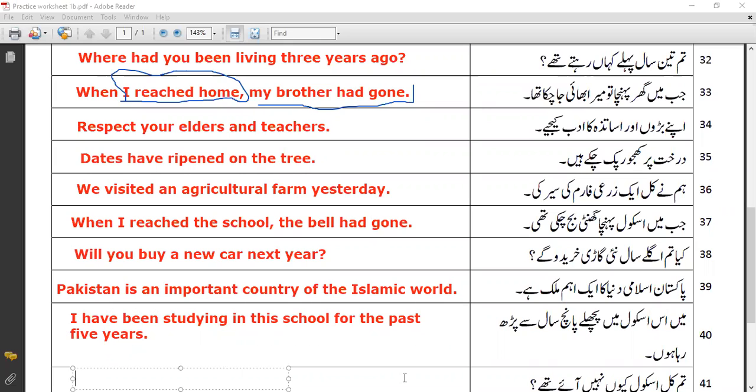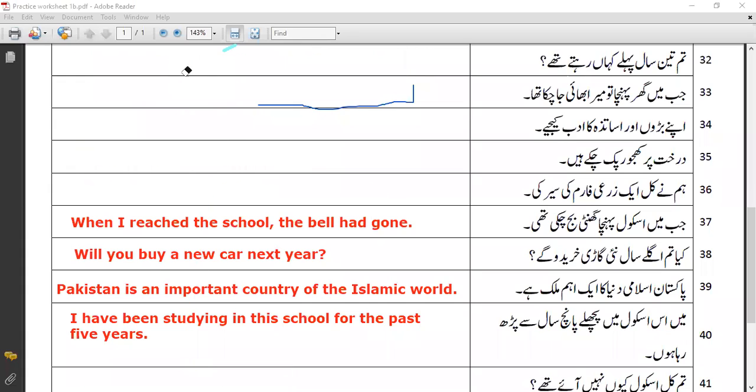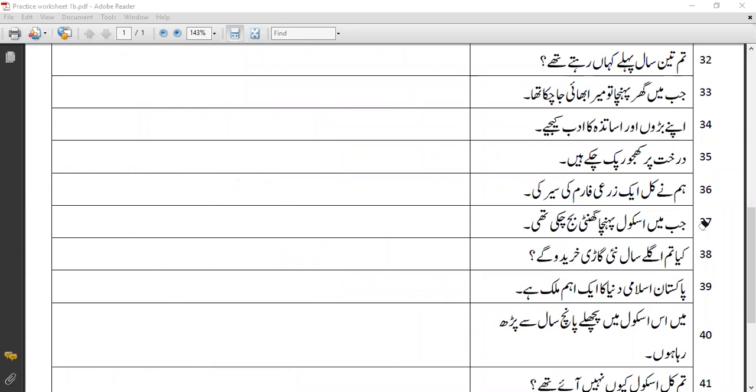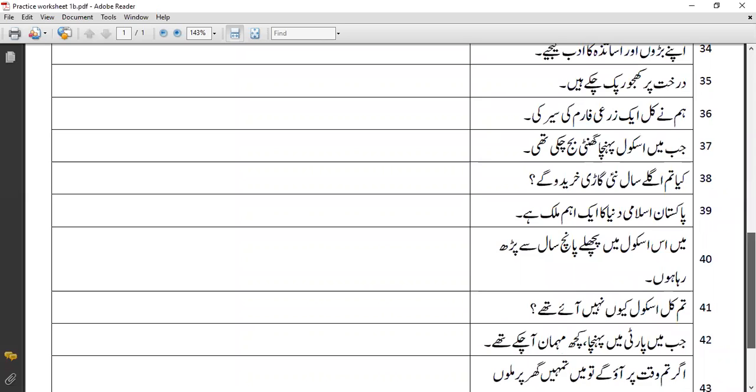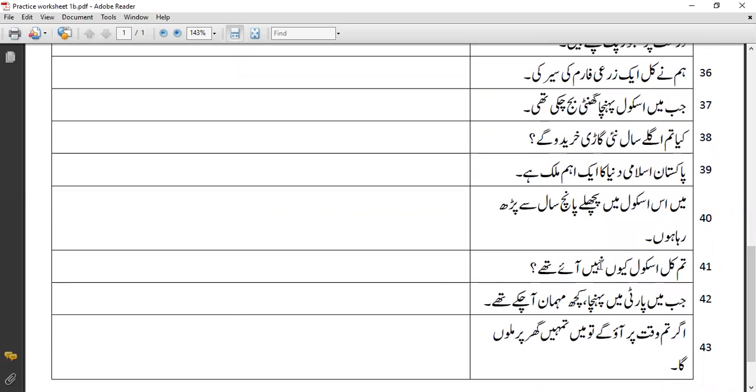तुम कल स्कूल क्यों नहीं आए थे? Now, let me erase all this and I'll just try to explain one thing in this sentence. Okay, let me scroll this. Suppose in this sentence there is no word the over here. Okay, now how are you going to translate it?